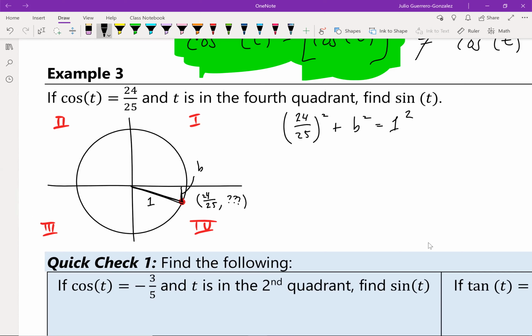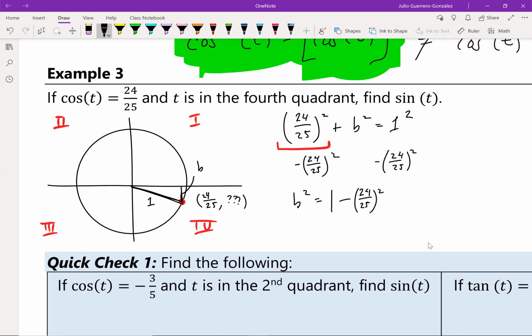So what I'm going to do is play around with this just as we do algebraically. We grab that, throw it to the other side. So b squared is equal to 1 squared, which is 1, minus 24 over 25 squared.